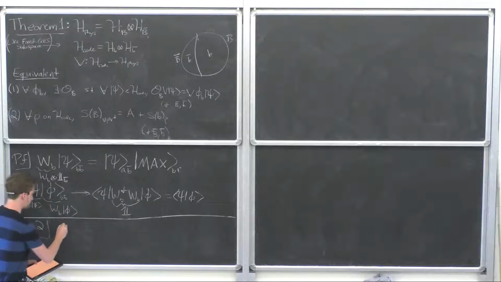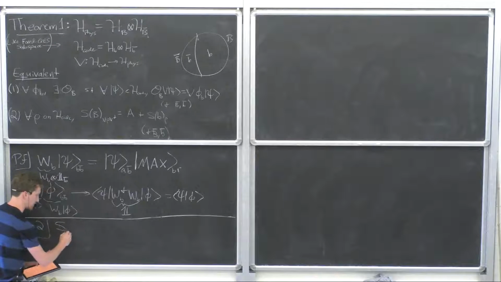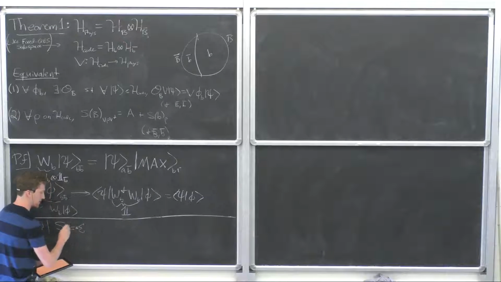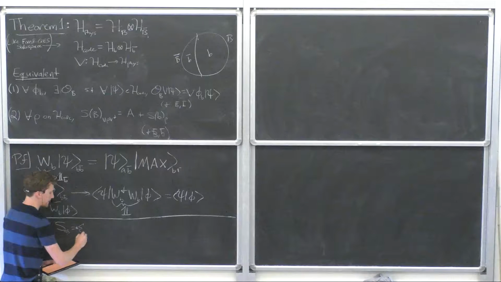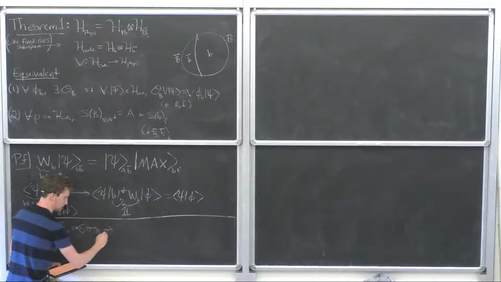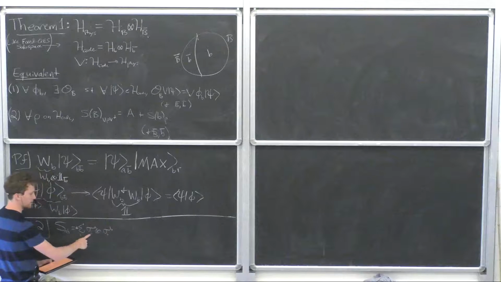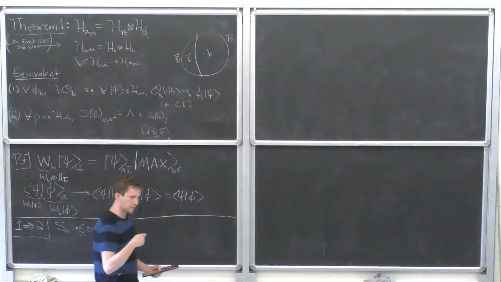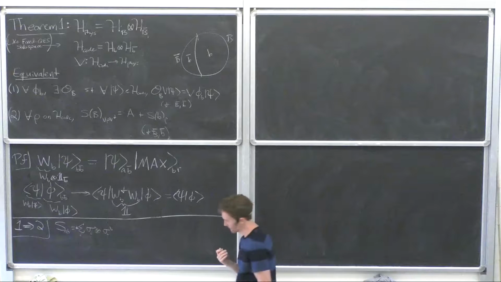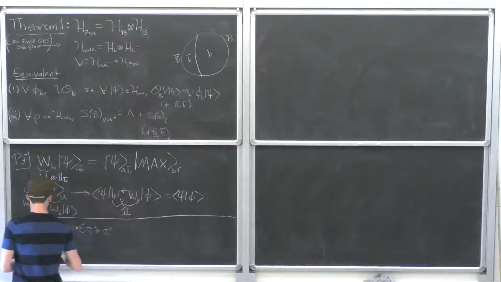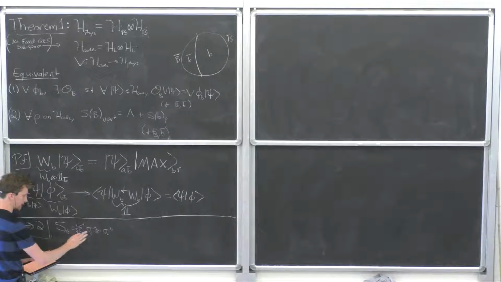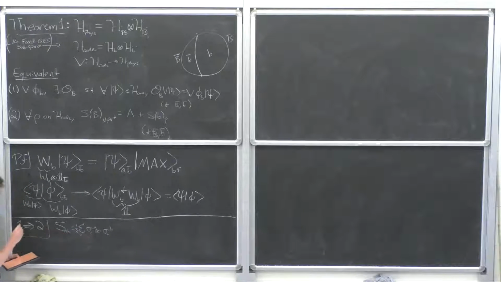And the swap operator, remember, was something like, if it swaps systems A and B, it morally looked like some normalization factor out front, and then a sum over essentially Pauli operators on A, and then Pauli operators on B. So these sigma i's, like sigma 0 is the identity, sigma 1 is like the Pauli X, sigma 2 is Pauli Y, sigma 3 is Pauli Z. So if little b was just one qubit, then this would be exactly the swap operator between little a and little b.